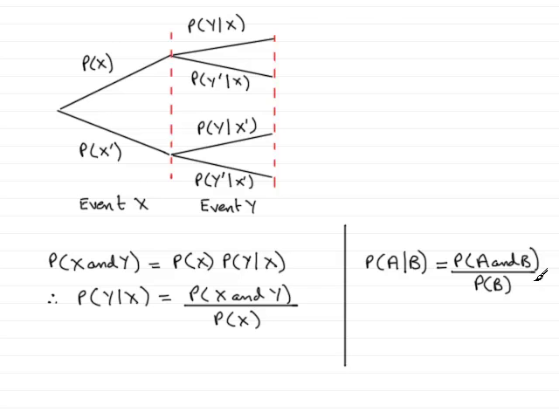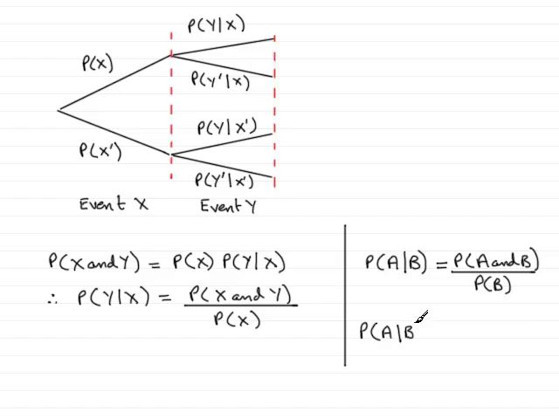Now in some books or formula books, there's a symbol that we can use for A and B. It is an upside down U, often pronounced the intersection.